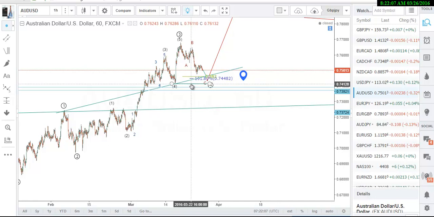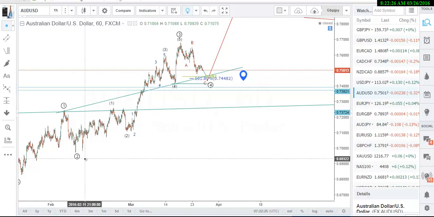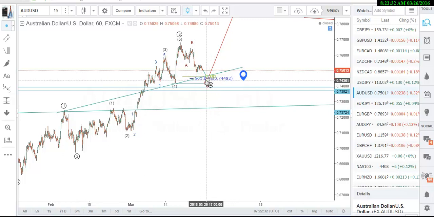Usually when the fourth wave is coming down, it comes to the fourth subwave of the third wave. So this is the fourth subwave of the third wave, and these are the levels projected: 61.3% projection of A from B, and a 38.2% retracement of the whole of wave 3. So this level is a very reliable level to look out for.